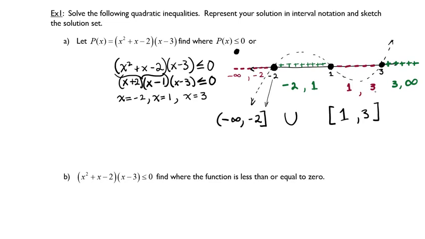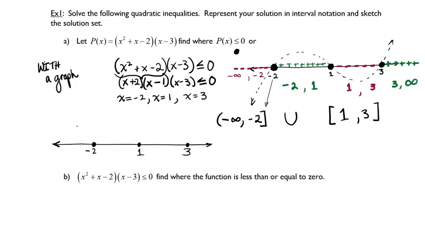There is one other way you can solve these, or find the intervals. You can do that with signs, and I'll show you how. This was with a graph. This will be without one. We know that our roots are negative 2, 1, and 3. We know that it's including those points.